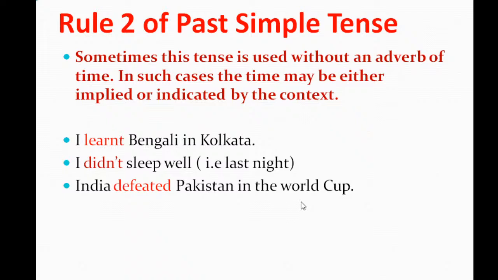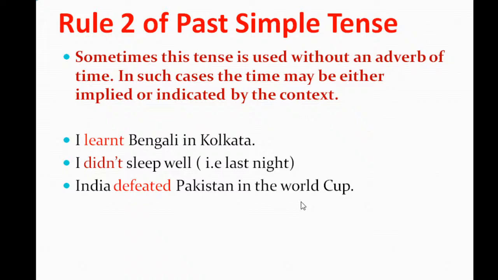Now, India defeated Pakistan in the World Cup. When did this World Cup happen? The date is not important over here. When we say India defeated Pakistan in the World Cup, it normally means the last World Cup that I'm talking about, the last time India and Pakistan had a match and competed against each other. We are referring to that particular match.